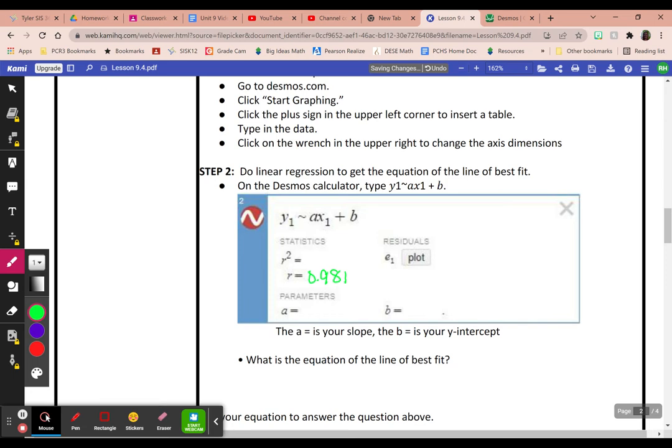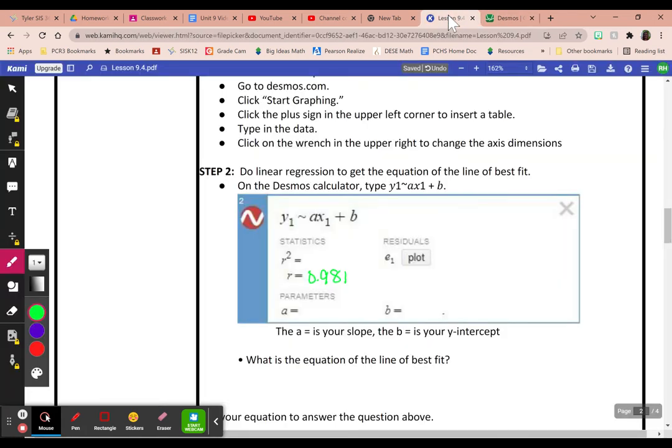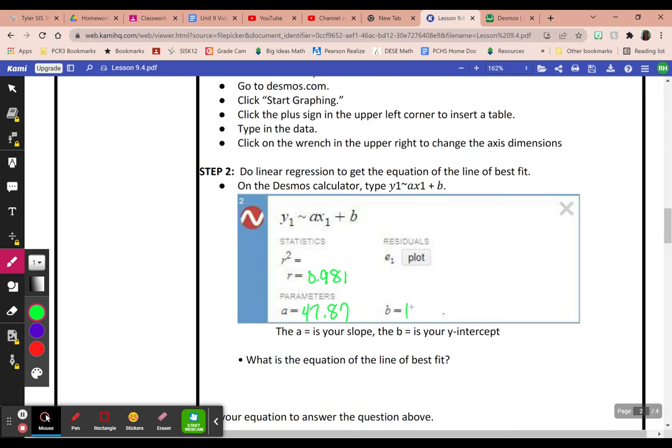And then our a value, if you flip back over, our a value is 47.87. So 47.87. And our b value is going to give us 1345.04. So 1345.04. And all of that is right there on your decimal.